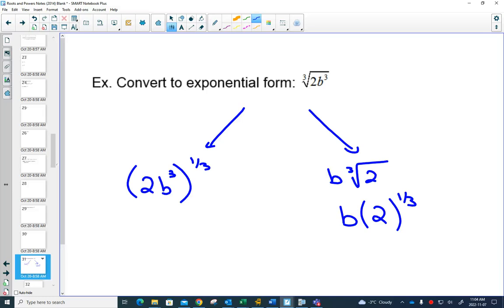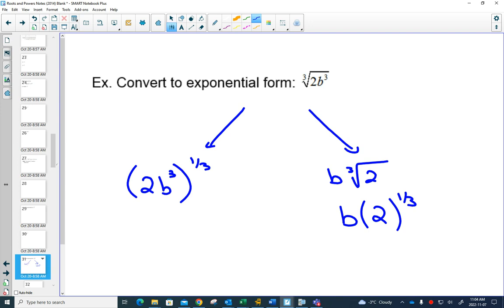Okay. So this one, we need to know our exponent laws from grade 9. We need to know our exponent laws so well that when we deal with weird situations like fractions, we remember what they are. 2b cubed to the 1/3. This is the exponent law in grade 9 that says everything goes to this exponent because you're multiplying.